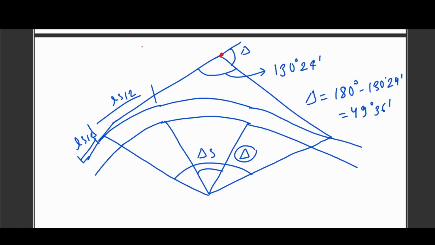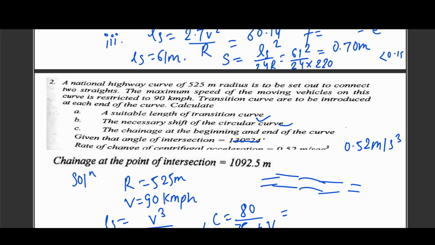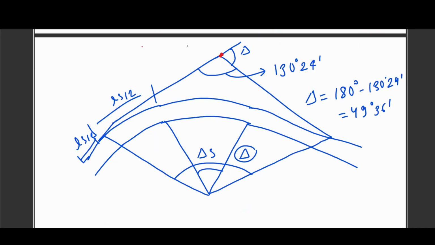So let's move forward. We need to calculate the chainage at the intersection point. This is also given: the chainage at the intersection point is 192.5 meter. We need to calculate the chainage at the beginning of the curve, that means this portion. Our actual path is moving along this curve.